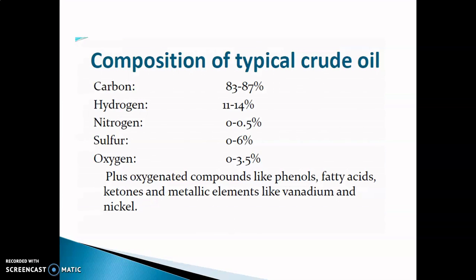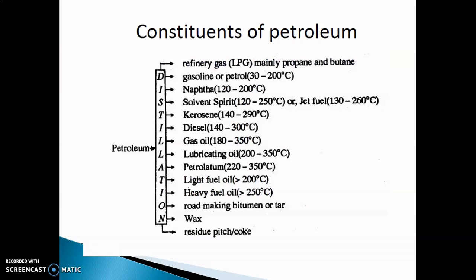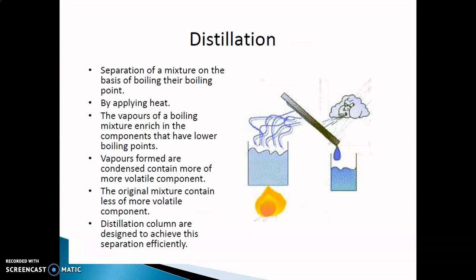And in composition, typically carbon is highest, hydrogen is next, followed by nitrogen, sulfur and oxygen. These are the constituents present in petrol, and these are called fractions. How do we obtain these fractions? By a process called fractional distillation.